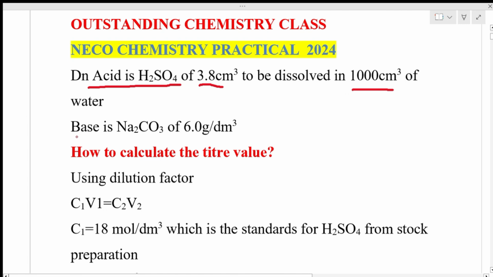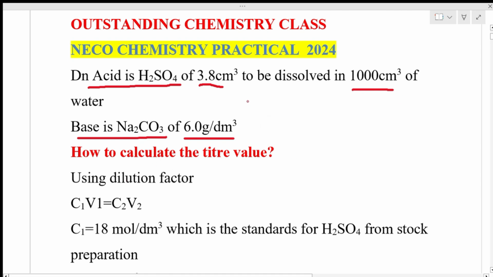Our base for this NECO is Na2CO3, which is 6 gram per dm³, also dissolved in water. That's the standard of the solution.